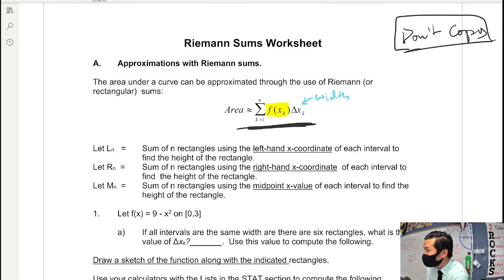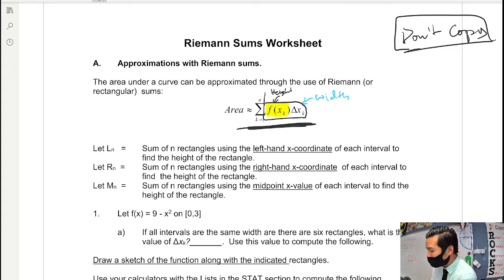When we were plugging into our other chart, we had t squared instead of x squared, and that was the height of the rectangle. That's what this part represents. When you multiply a height by its width, you end up calculating an area. It's the height times the width.